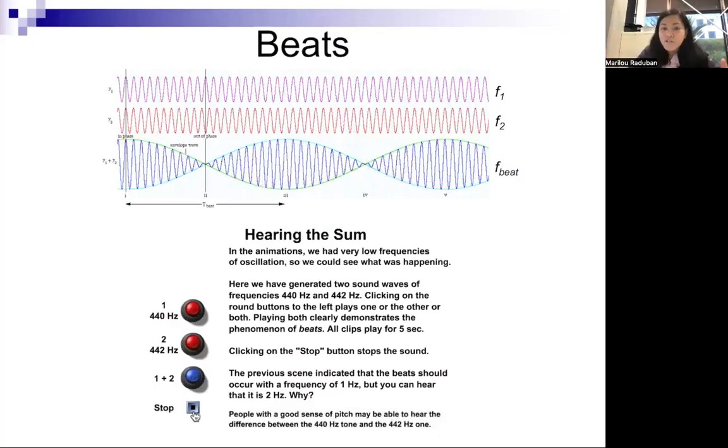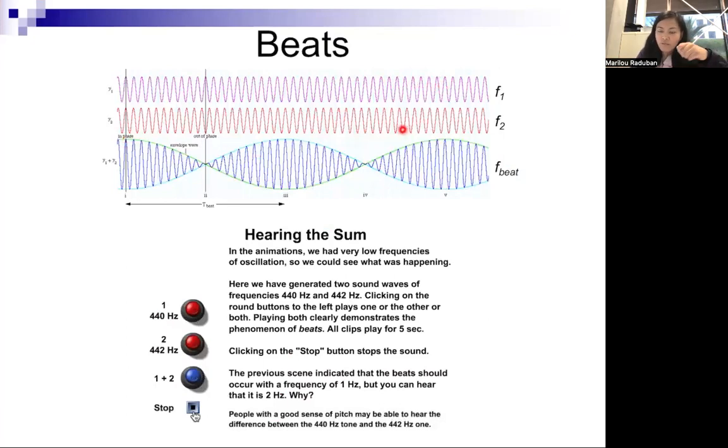So the formation of beats, especially with sound, is usually used to tune musical instruments. What musicians do is they have a reference frequency, which they want the pitch of their instrument to be at.